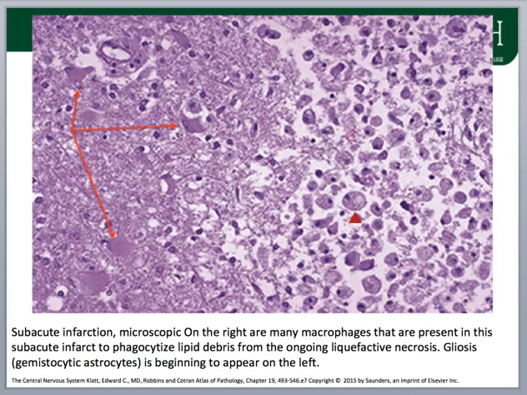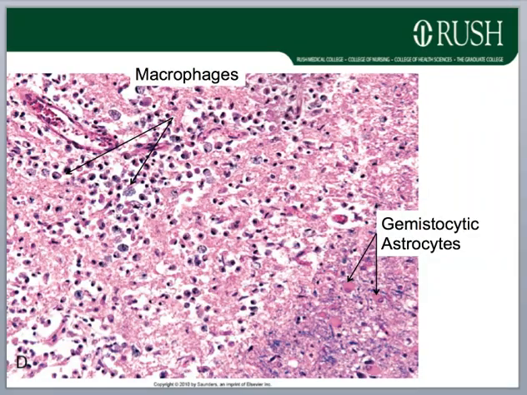This is the subacute phase of infarct. On the right are many macrophages that are present in the subacute infarct to phagocytize lipid debris from ongoing liquefactive necrosis. Gliosis, illustrated by gemistocytic astrocytes, is beginning to appear on the left. This is just another image showing the same thing.